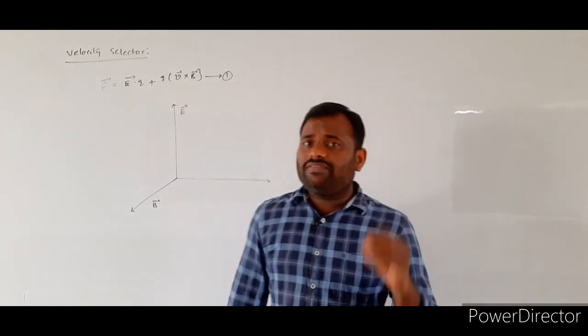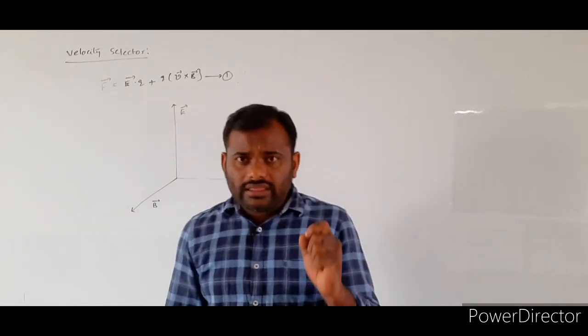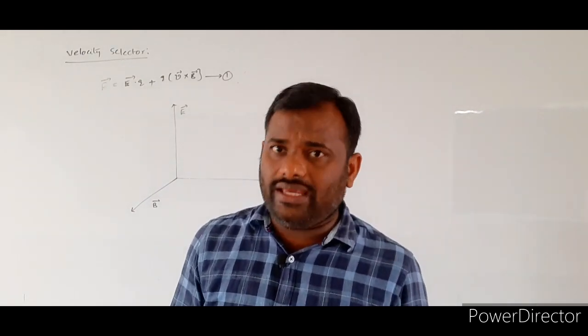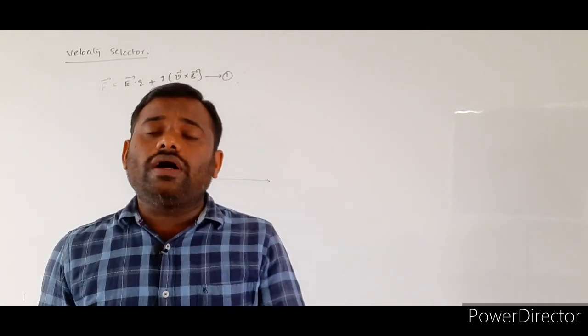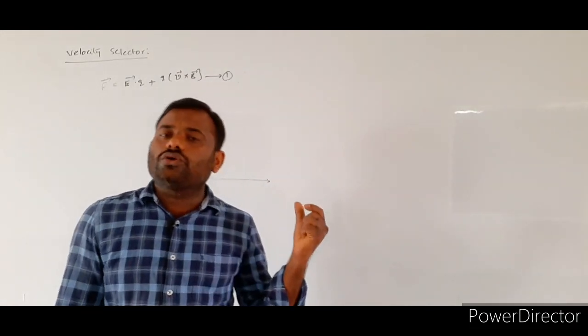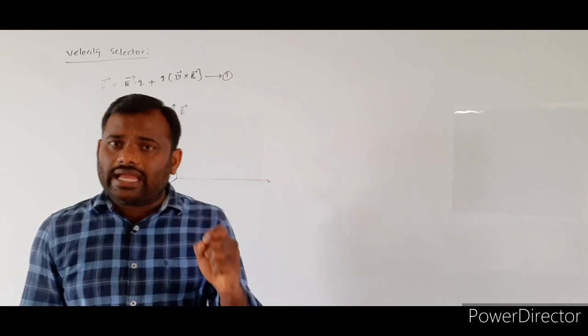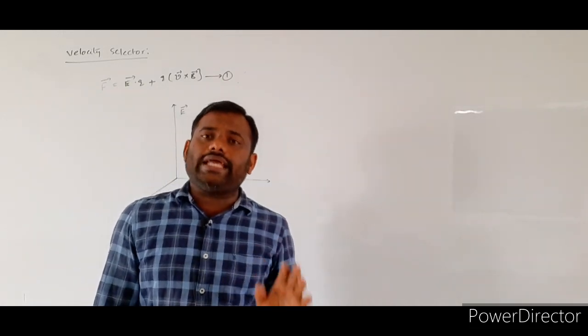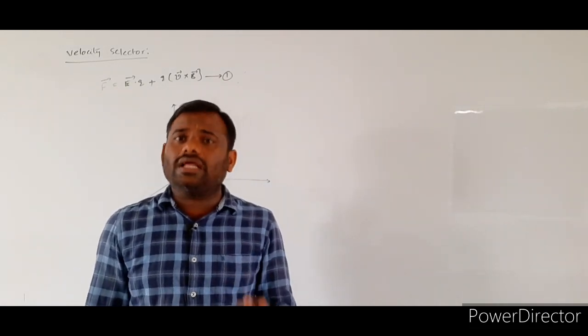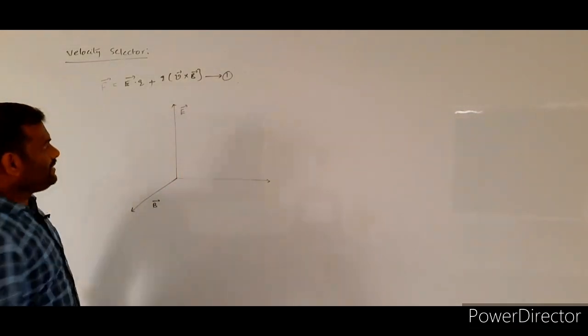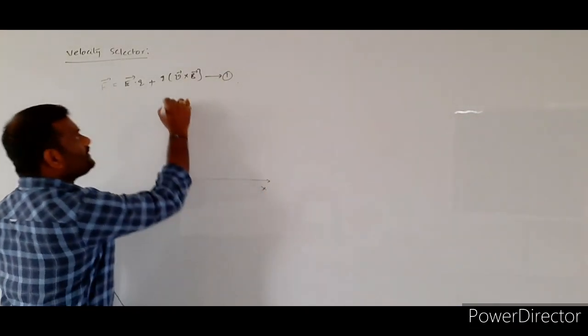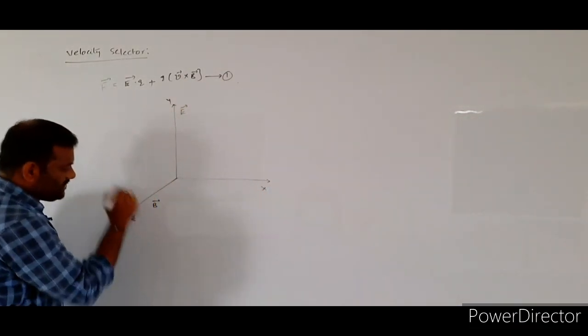If they mention that two fields are crossed fields, we have to understand that those two fields are acting at right angles to each other. Here I am assuming that this is the x-axis, y-axis and z-axis.